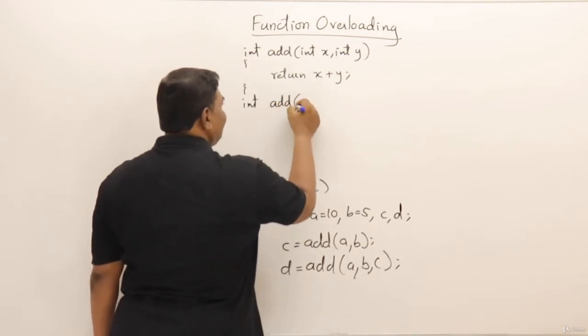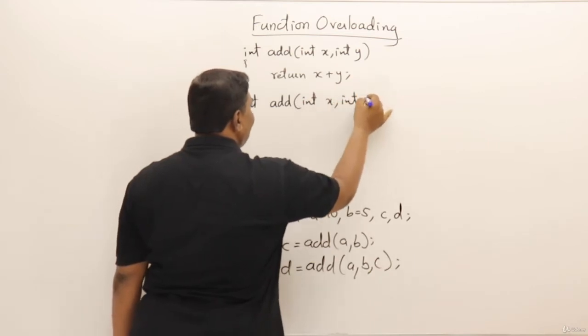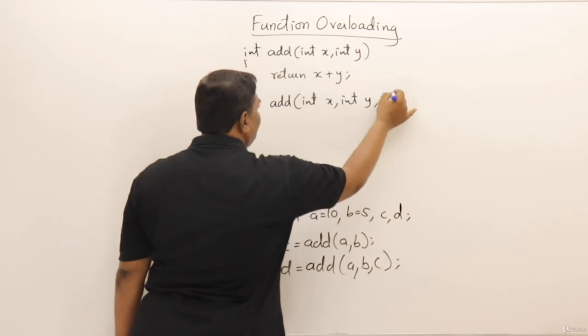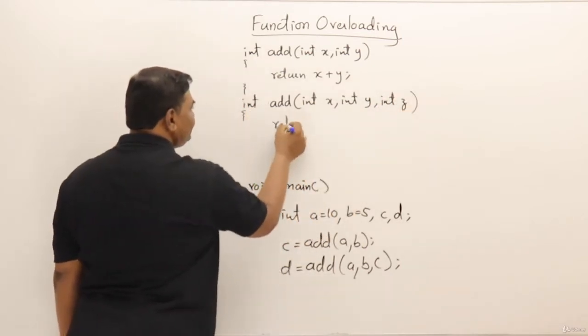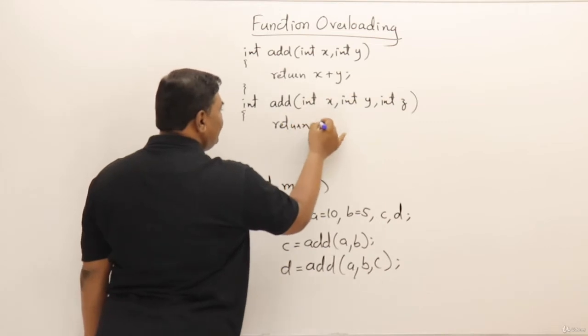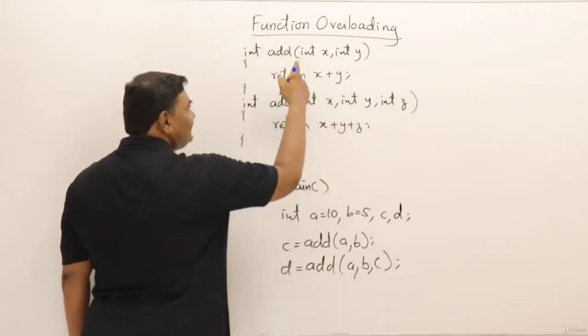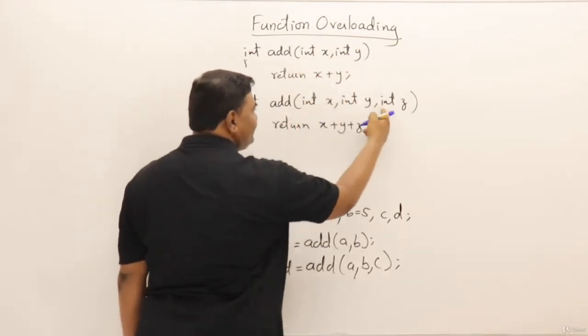Yes. Actually, if you look at the C language, there you cannot have more than one function with the same name. But here in C++, you can have more than one function with the same name but a different argument list. So what are the different arguments here? See, this was taking only x and y, two integers, but this is taking three integers.